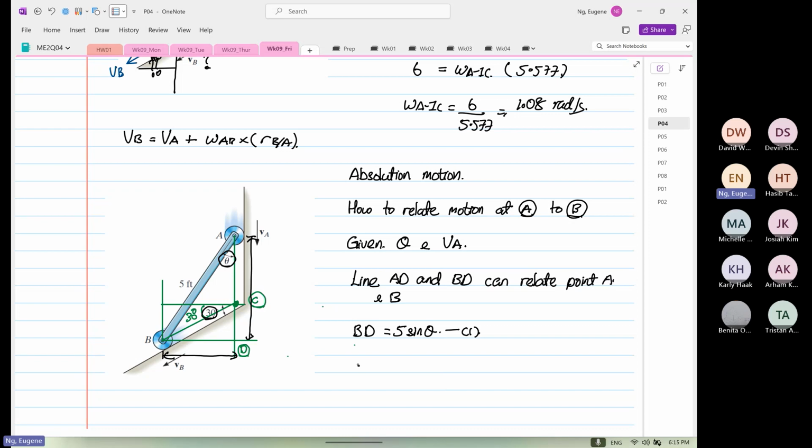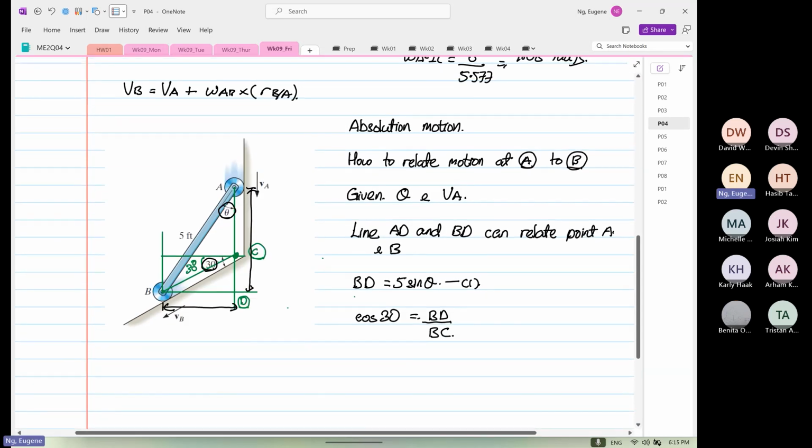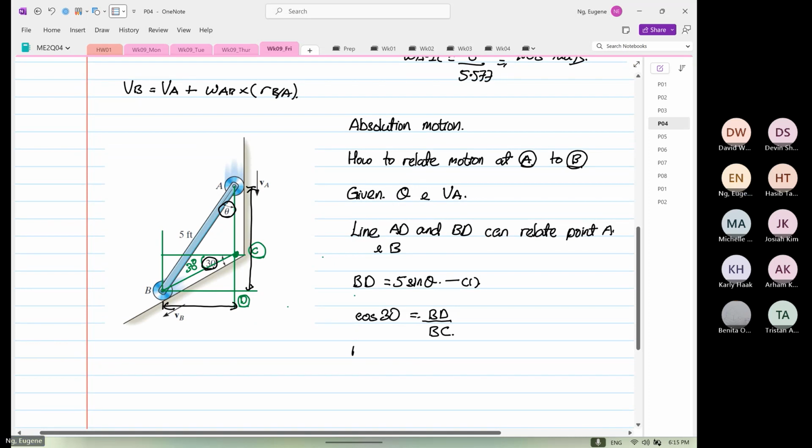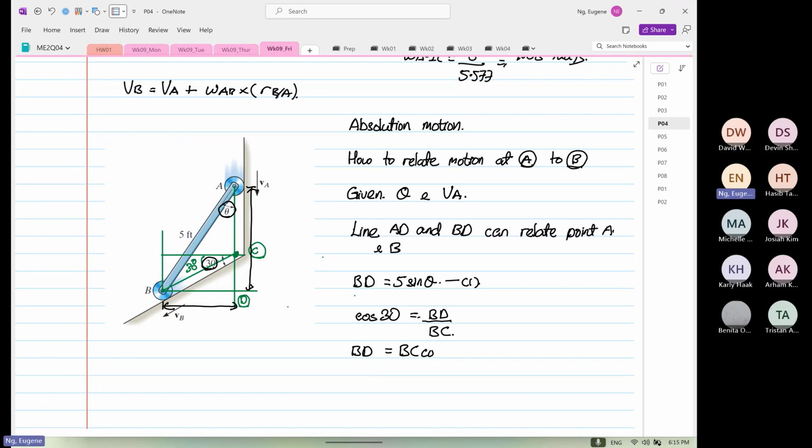Another one, we know that cos 30 can be equal to BD over the distance BC. Okay, BD. So from here, we know that BD is equal to BC cos 30. So this is our equation number 2.